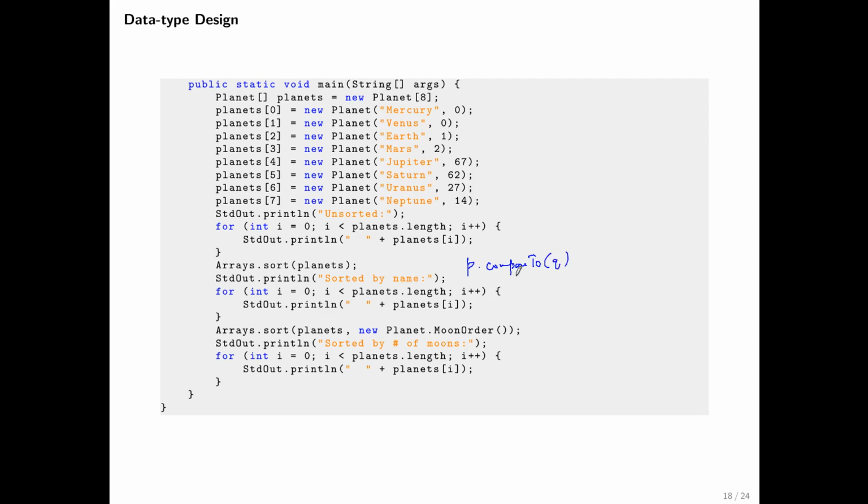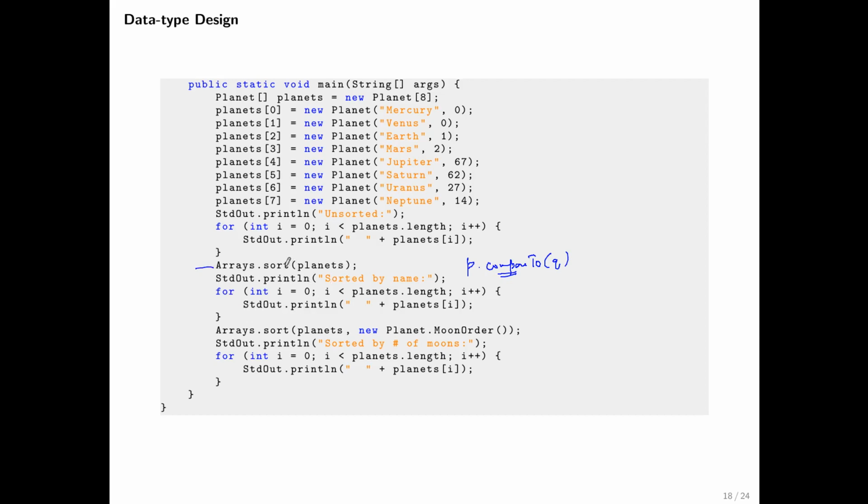Okay, and this method does exist because the objects that go inside of the planets array are objects of type Planet. Planet is Comparable. It implements the compareTo method that we talked about on the previous slide. So that's how sort is going to work. And how did we implement compareTo? We simply compared two planets by their names. So this sort is going to be a sort on planets by their names.